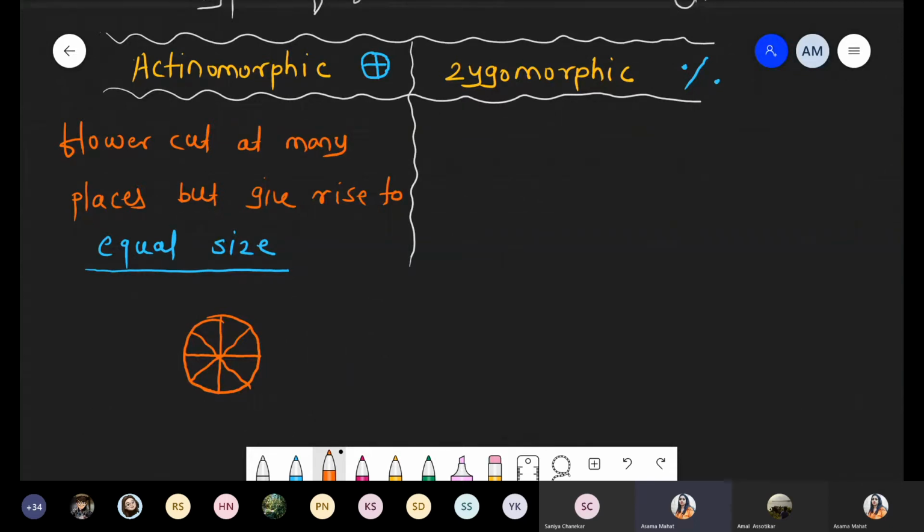Yeah. So actinomorphic is nothing but a flower cut at many places that gives rise to equal size. Simply it is represented by the symbol: one circle, one vertical line, one horizontal line. Simply it is represented like this. Got it?